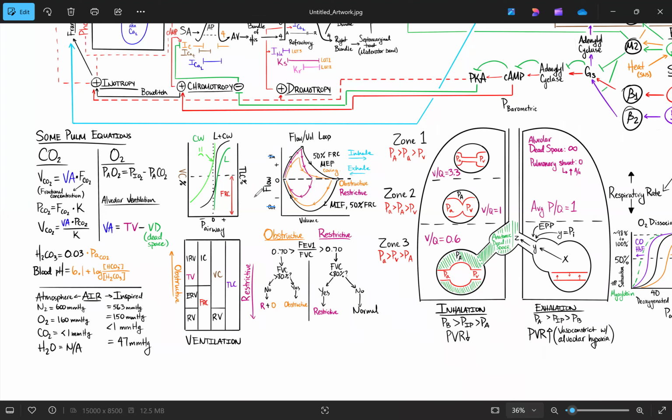Just because of what I'm basing off of, from First Aid. Because if you have an obstructive, you should have more air, unless you're drawing it as like the flow loop. It's not necessarily the volumes. Let me double check that real quick. Because unless your diagram is flipped from theirs, then I would say obstructive, then it's correct. Just because obstructive, you should have more volume, and restrictive, you should have less.